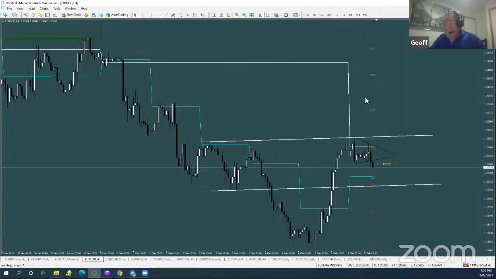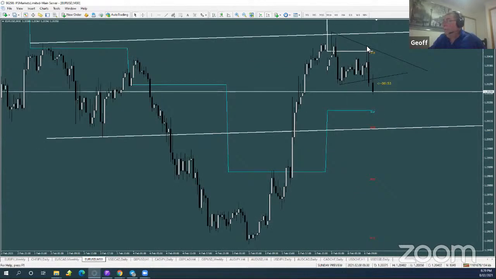Now, here's the thing. I also said earlier that perhaps that bar there was the one to trade. But I still couldn't trade that. And the reason I couldn't trade that is because on a 30-minute chart, that is not, for me, good enough. Why is it not good enough?